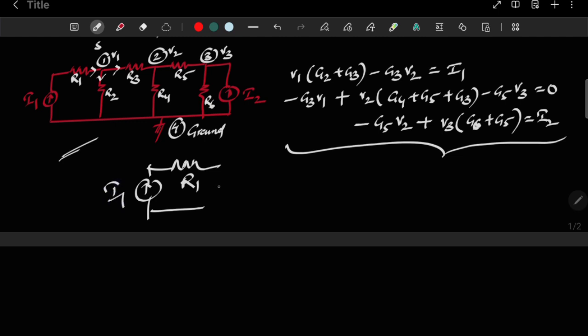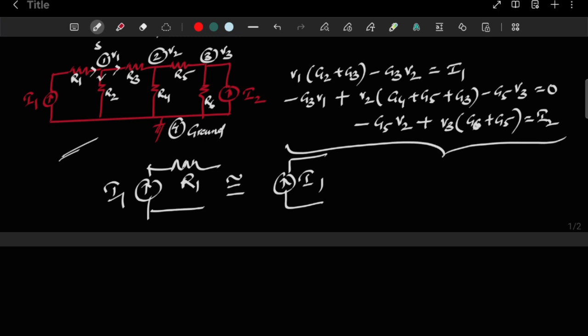For example, here I1 is there. It is equivalent to simply the current source only, because the same amount of current is entering into node 1. And in the analysis also, we did not include any R1 or G1. So you forget about R1.